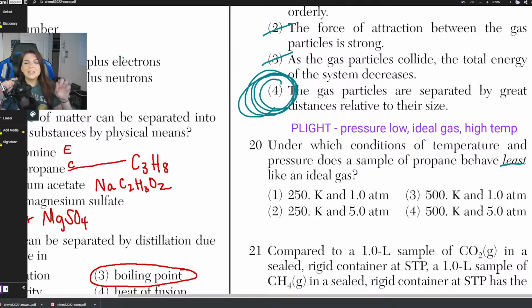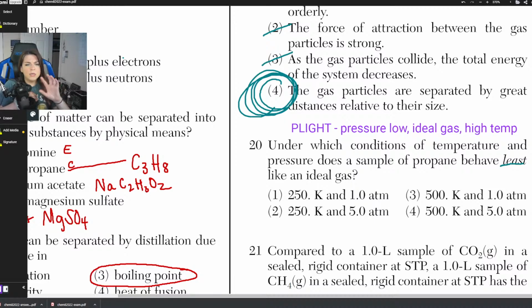This question is asking for the opposite. Which one is going to behave the least like an ideal gas? So in this case, we don't want a low pressure, we want a high pressure. We want our particles squeezed close together. So that's going to be the atmospheres, right? Atmospheres is measuring pressure. And if we have a low temperature, the particles are going to move slow. They're going to be closer together.